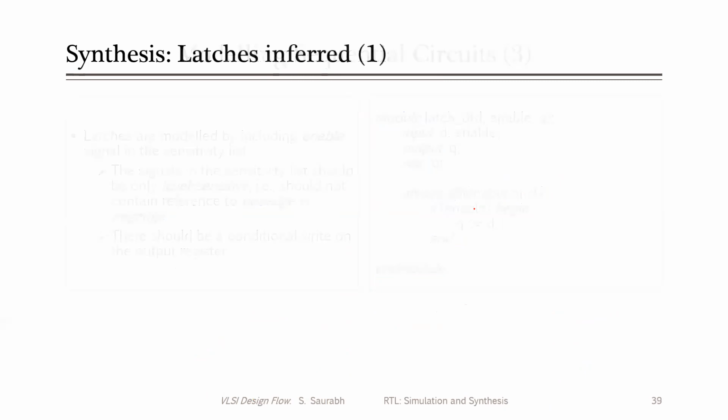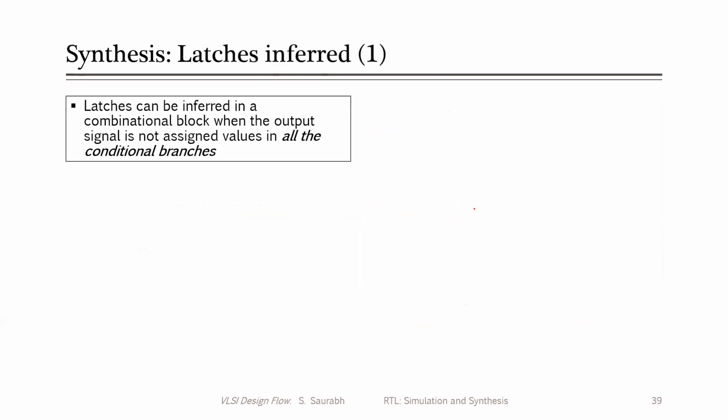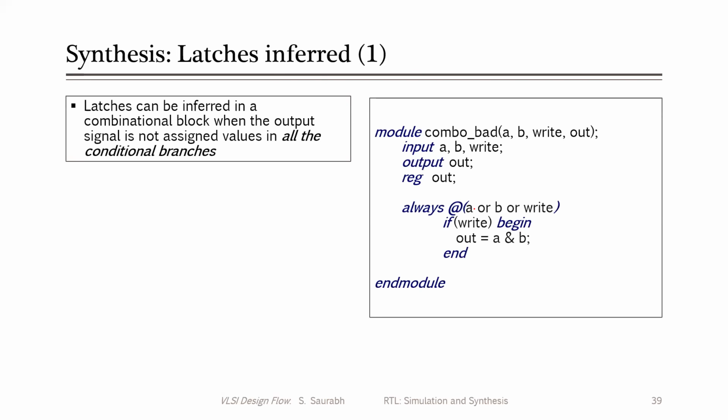Okay. Now, many a times it happens that we accidentally model a latch rather than a combinational circuit. Many a times we want to model a combinational circuit, but accidentally we model a latch, right? So suppose we write this code.